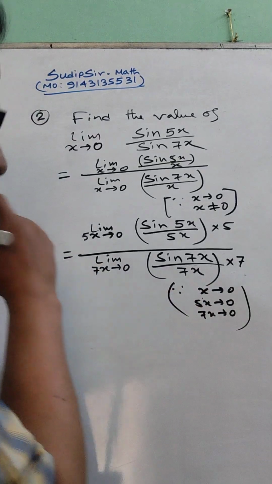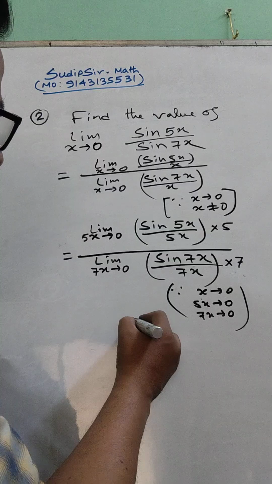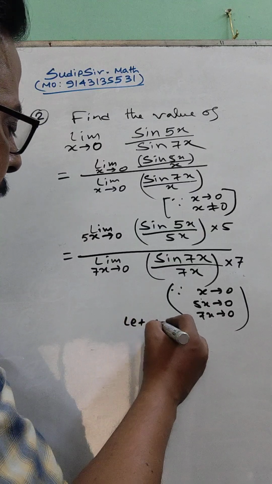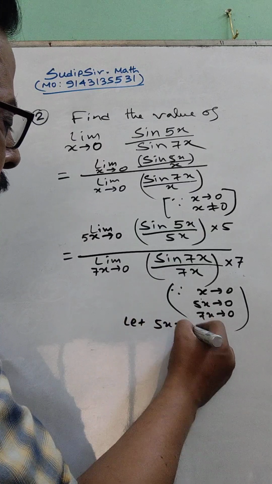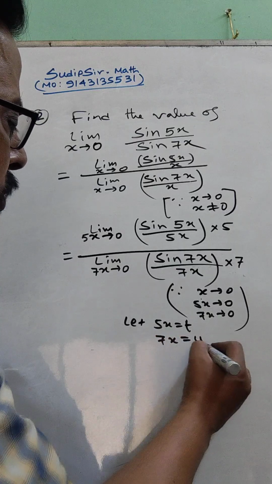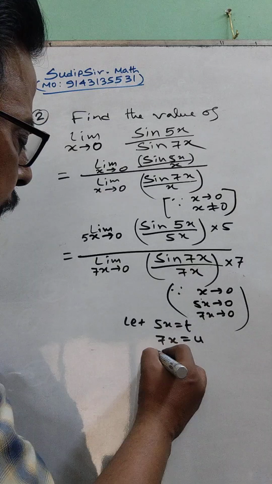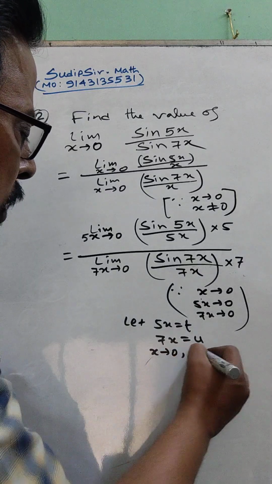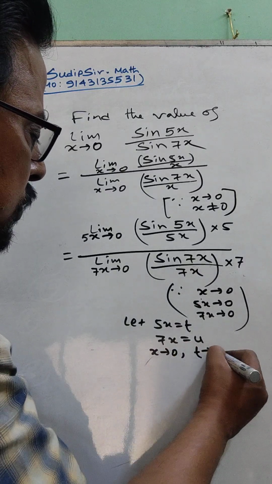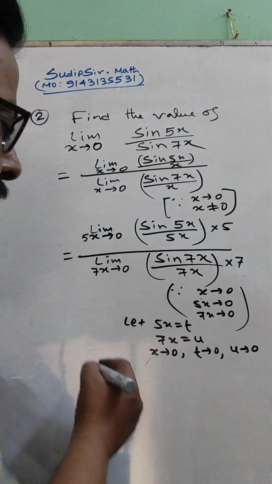Okay. Now let 5x equal to t, 7x equal to u, then when x tends to 0, t tends to 0 and u tends to 0.